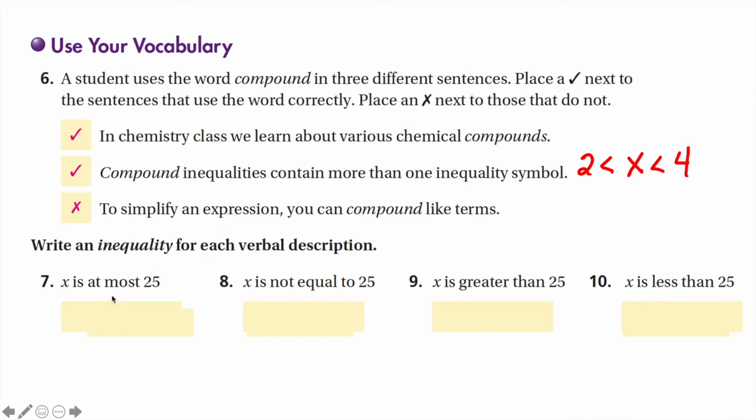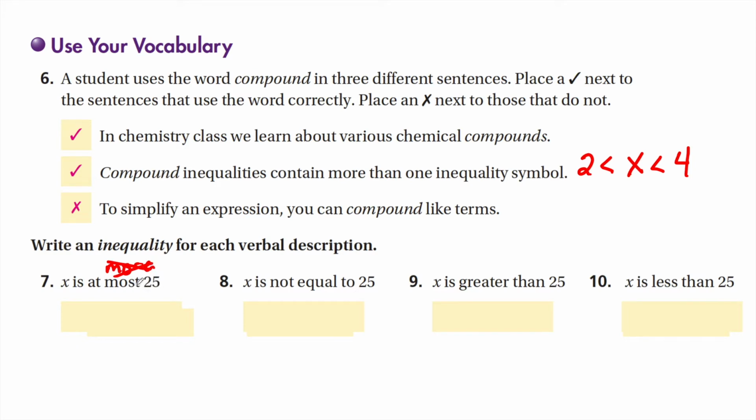Now, write an inequality for each verbal description. X is at most 25. This is a little bit of a tricky one, because at most, you immediately start to think more. But at most is not considered more than. In fact, it's the opposite.